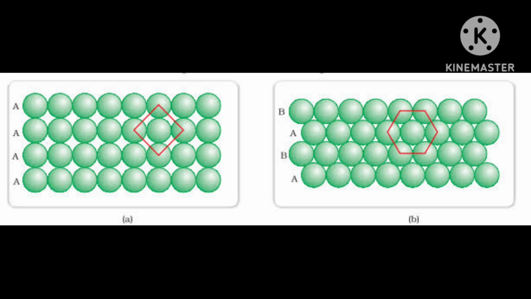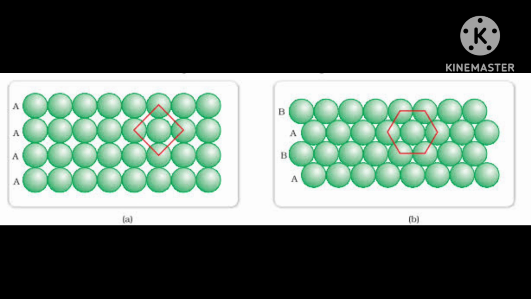And in the second arrangement, you will find 6 spheres, and between the 6 spheres, one sphere will be there, the 7th, in the middle, in the center.